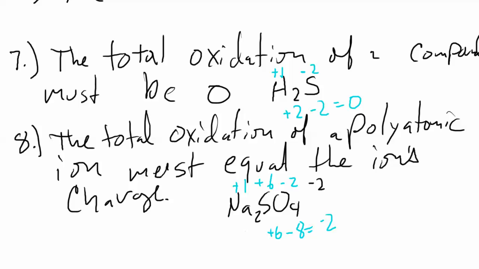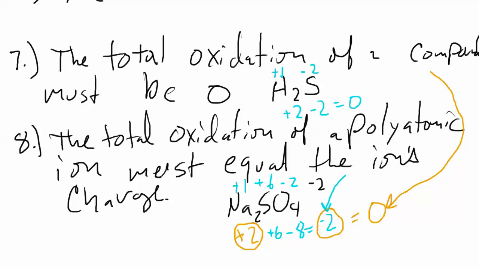And then for the positive ion, we have +1, and there's 2 of them, so +1 times 2 is +2. So we have +2 from the sodiums, we have -2 from the sulfate, and that equals 0. See, this rule about the polyatomic ion, that's happening here. That's how we figured out the sulfur has to be +6.